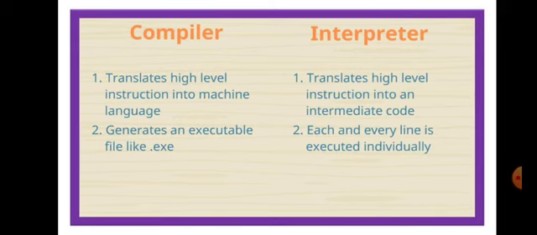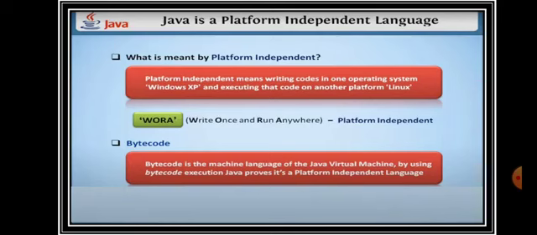We will see what is called as platform independent in the forthcoming slides. Now here, Java is a platform independent language. What is meant by platform independence? Platform independence means writing codes in one operating system, Windows XP, and executing that code on another platform, Linux.